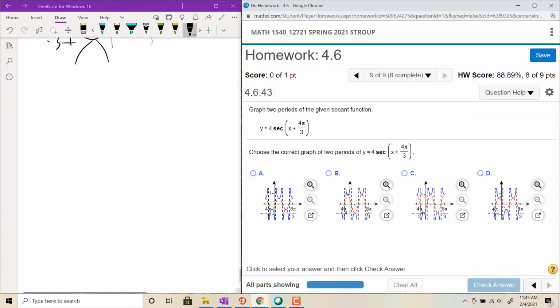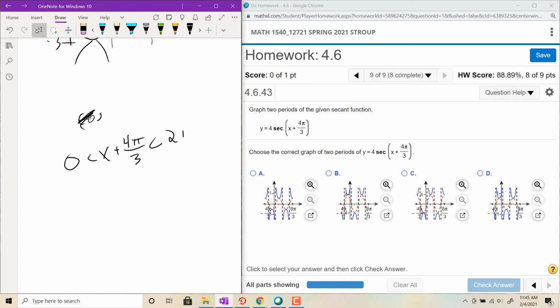And one more. Okay, secant is like cosine, so we're dealing with something like cosine. X plus 4 pi over 3, wedge it. So we get 2 pi. There's a phase shift then.